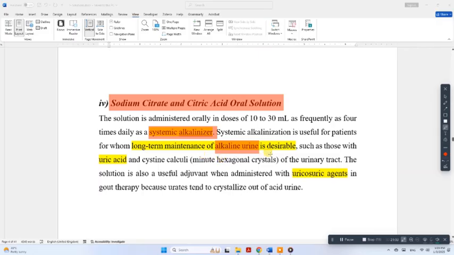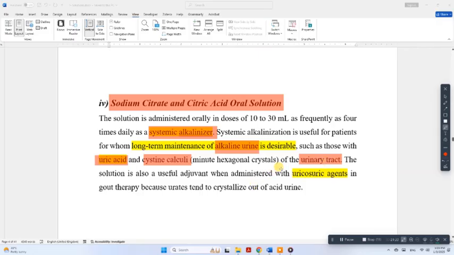We have certain cases, such as when there is too much uric acid. Uric acid causes cystine calculi or crystals that will cause painful urinary tract conditions. If the urine is alkaline, then it will dissolve these crystals, and they will not form. The same thing applies when anti-gout agents are used.